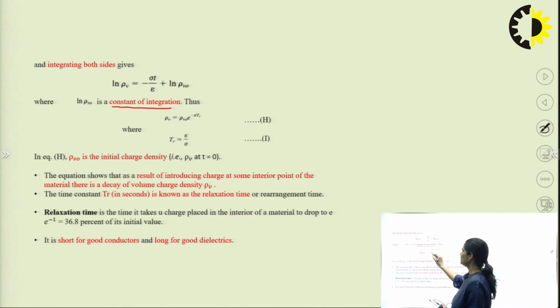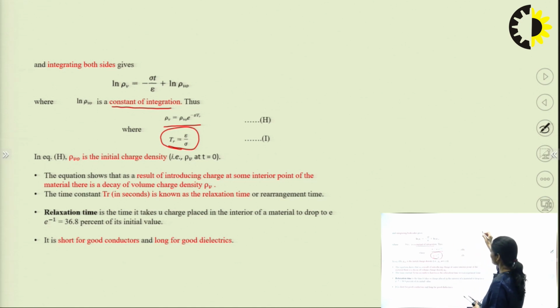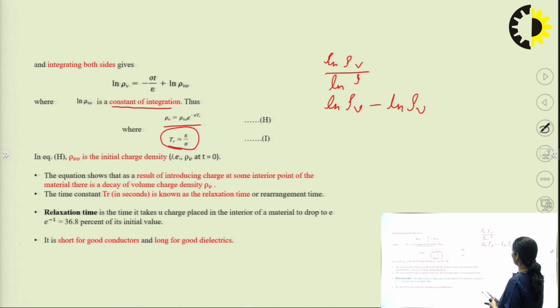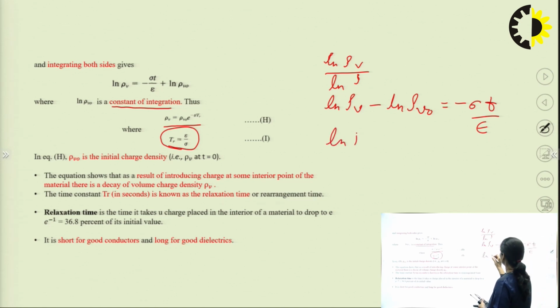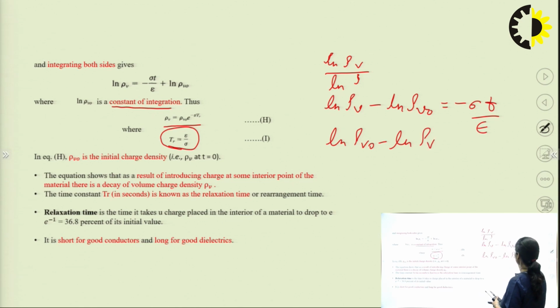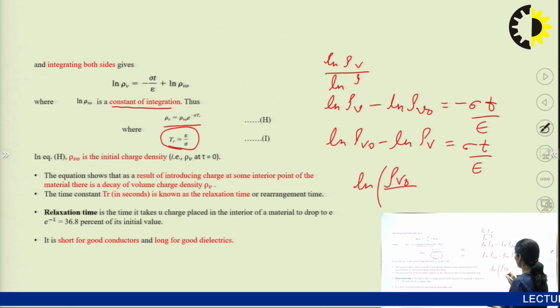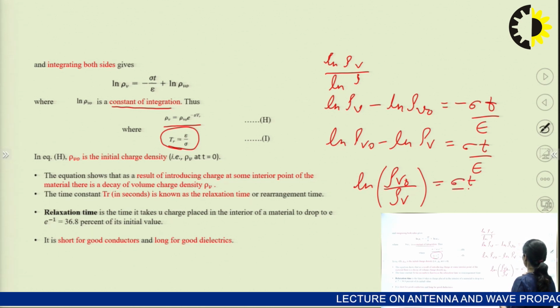You can write it like this: ln rho_v minus ln rho_v0 is equal to minus sigma t upon epsilon, or ln rho_v0 minus ln rho_v is equal to sigma t upon epsilon, that is, ln of rho_v0 upon rho_v is equal to sigma t upon epsilon.